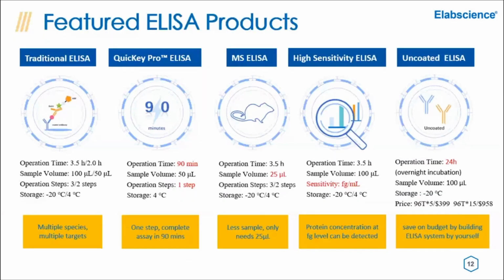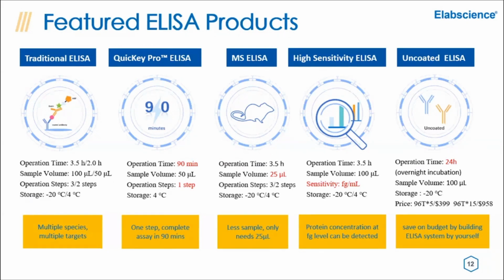Here I listed some features of those different product lines. You can see the traditional ELISA kits have the most varieties for multiple species and multiple targets. And the QuickKit Pro ELISA kits only need 90 minutes and can be completed in just one step.